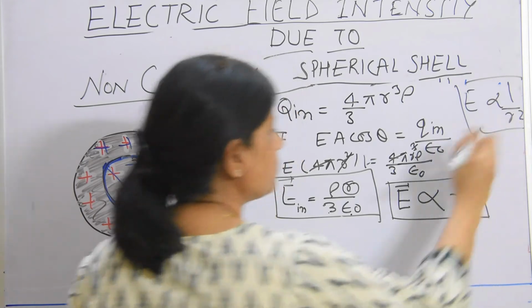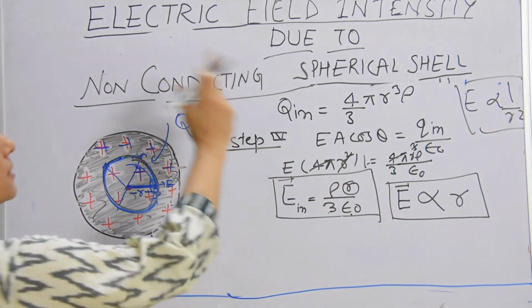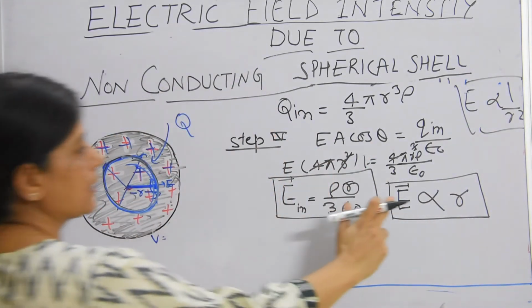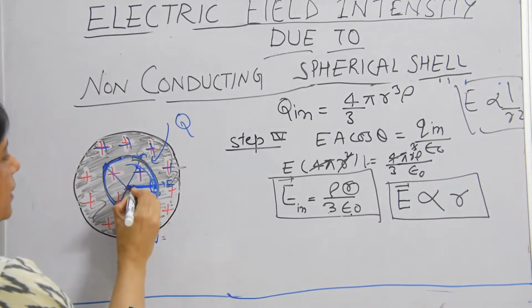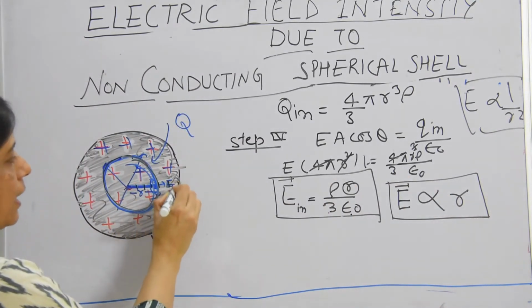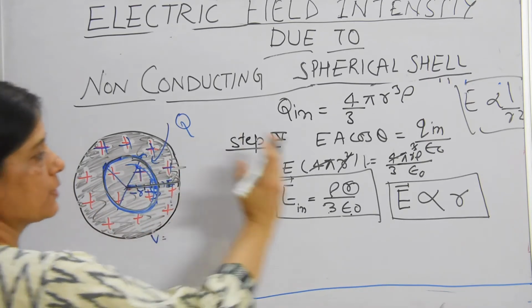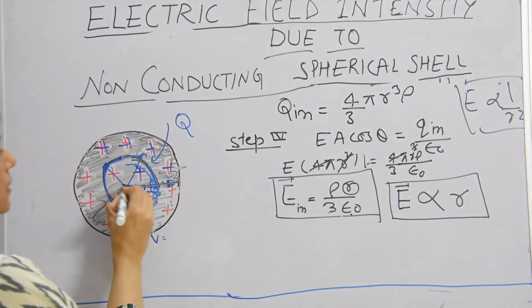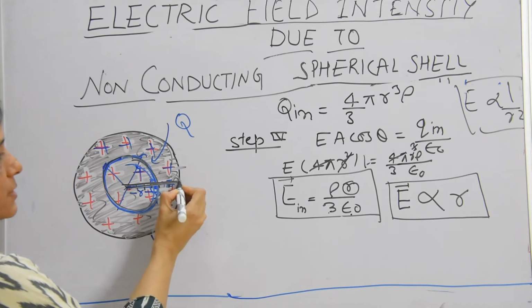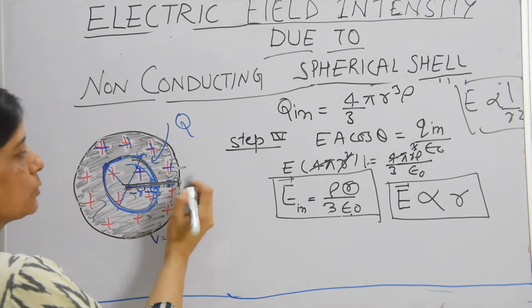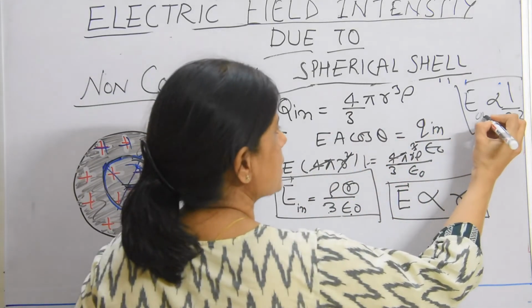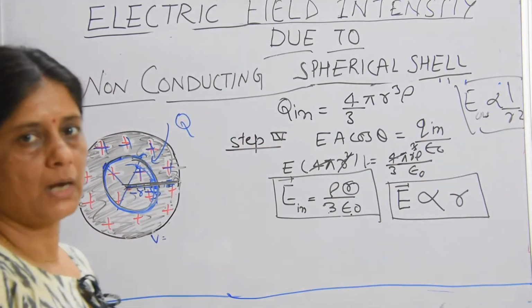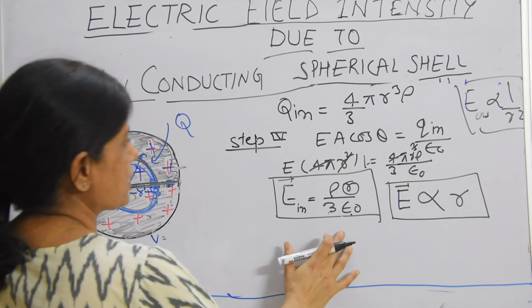Here it is a very important result that for a non-conducting solid sphere, electric field intensity is directly proportional to r, meaning if we keep increasing the distance r, the electric field intensity will also increase. On the surface it is proportional to r, and outside it is inversely proportional to r square.